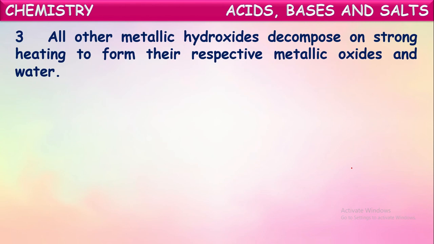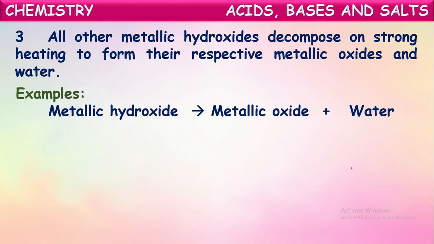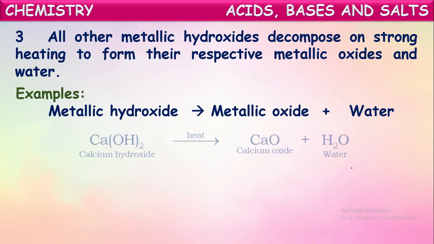All of these metal hydroxides, except sodium hydroxide and potassium hydroxide, decompose on strong heating and form their respective metal oxides and water. This is the general equation for a metal hydroxide decomposing into metal oxide and water.